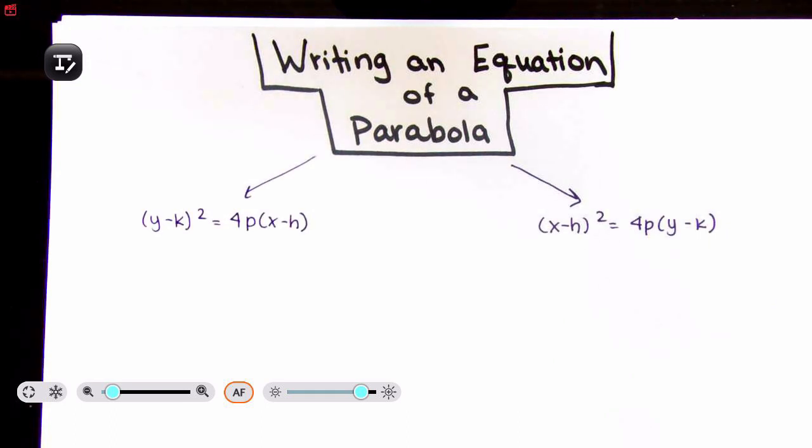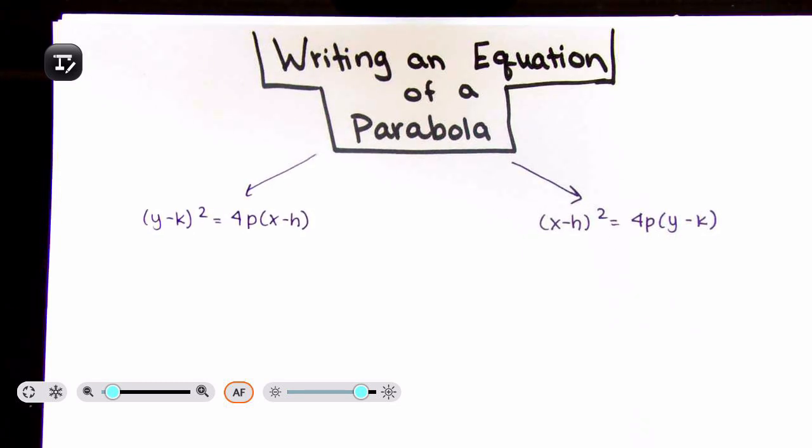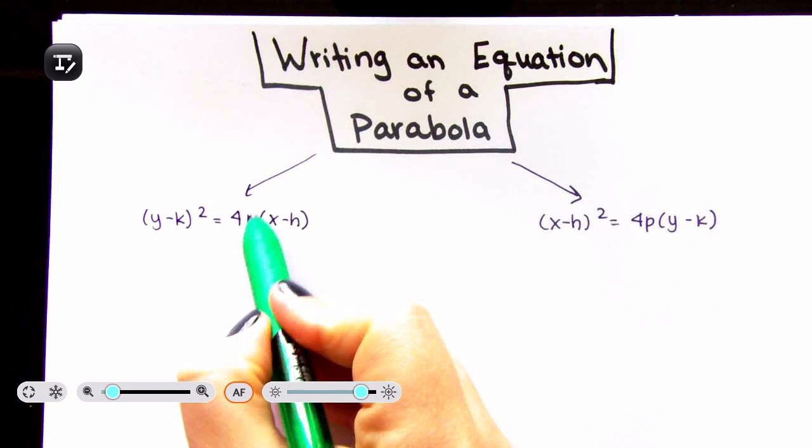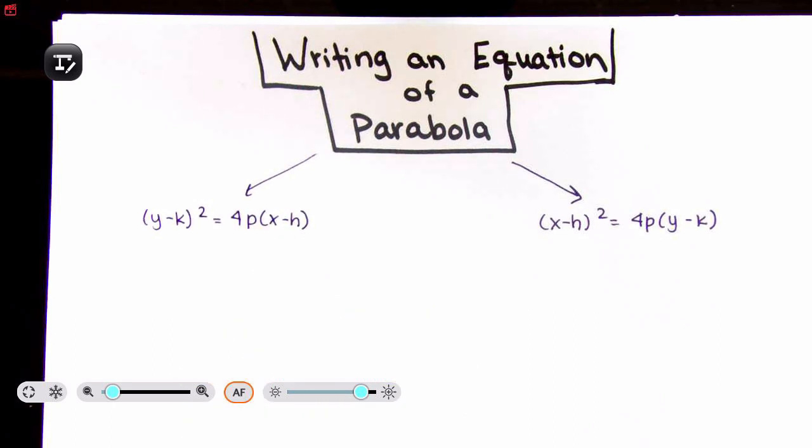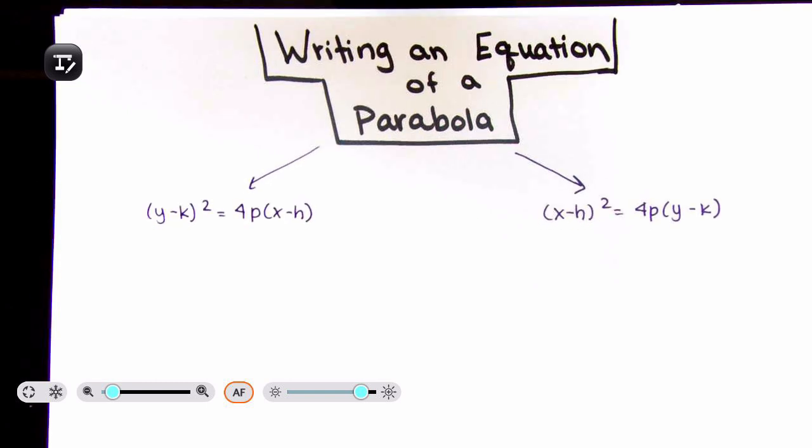Now, both of these equations are for parabolas. One of them is opening to the left or to the right. The other one's opening up or down. So which one's which? Again, recall from that video, the way I like to think about it is I like to look at my P, and P is going to tell you a lot. Whatever P is attached to, look at that axis, and that's going to tell you the direction your parabola is going to go.